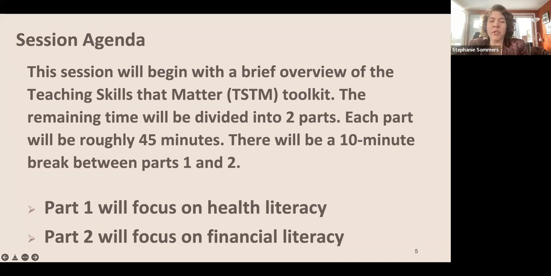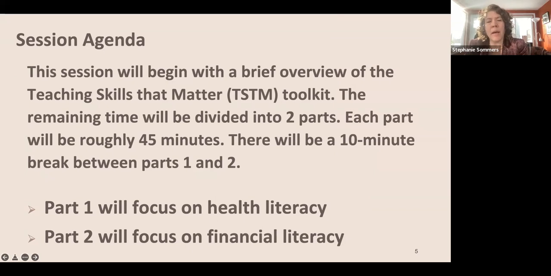The resources that I'll share during the first part of today's session are the same resources that were shared in November during the statewide fall conference. Because the resources from part 1 were already shared, I'm going to spend more time in part 1 really looking at the lessons so that people become a little bit familiar with where you can find them, how they are organized and laid out.